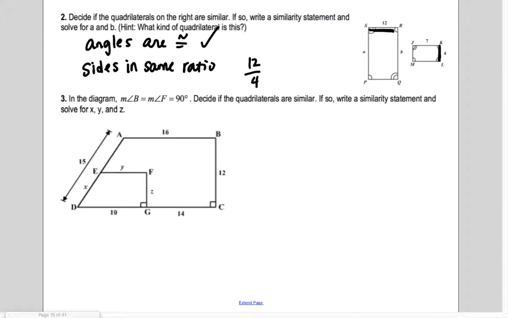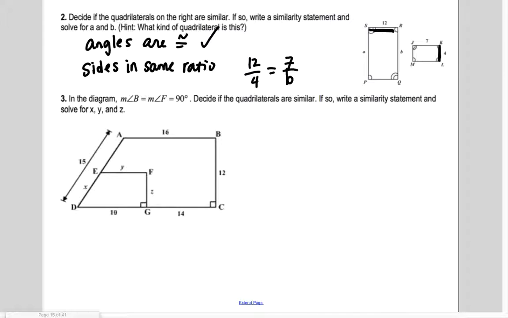It's kind of tricky. I didn't really tell you that the sides were in the same ratio, did I? So we want 7 to match up with what? Yeah, B. So we can solve for B and A.